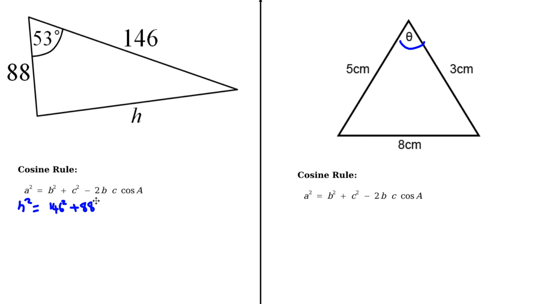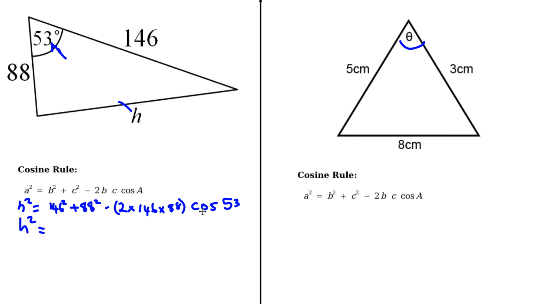Let's plus 88 squared, and let's minus 2 times 146 times 88, close my bracket, cos 53, which is the one that corresponds to the h, as you can see. That's why we leave it there.